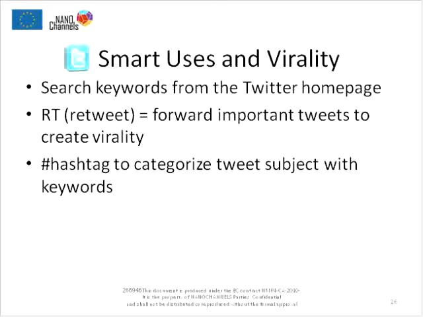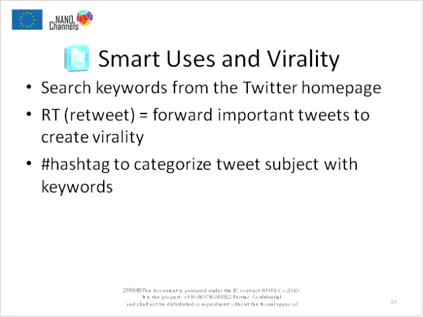Twitter users use a number of functions to create this virality. For example, you can search for keywords from the Twitter homepage, and as I mentioned, you get real-time results. There is a feature called retweet, or as we use it, we write RT, and that's basically using Twitter to forward the message, like you forward an email on your email account to other people.